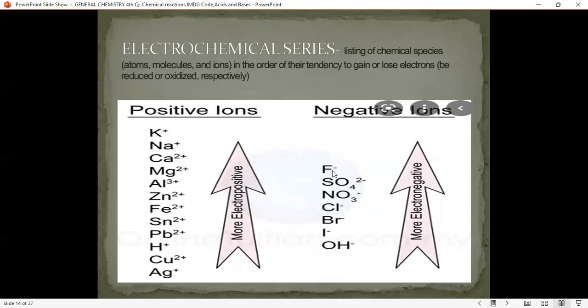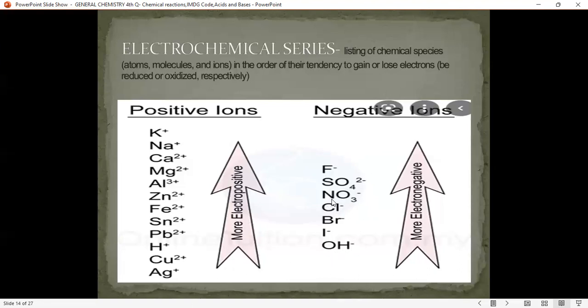Okay, so the first one, the most electronegative, is fluorine. It is much more electronegative than sulfate. Yes, that is SO4, sulfate. And we have nitrate, NO3. And we have chlorine, bromine, iodine, and hydroxide.